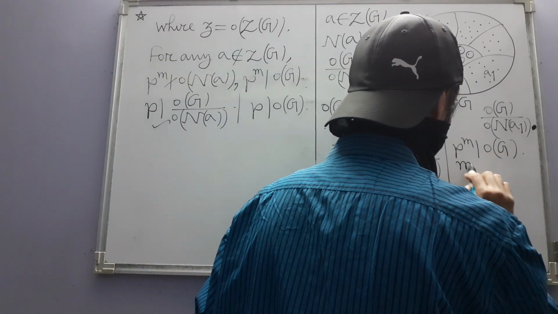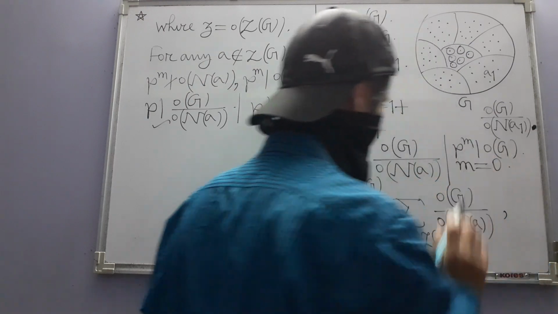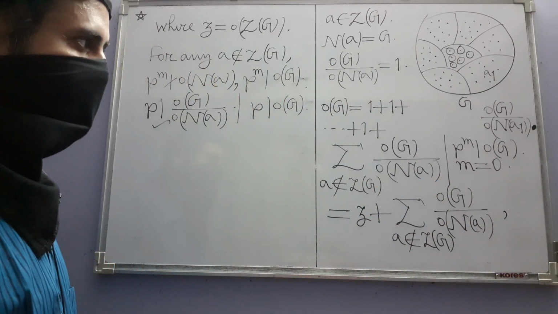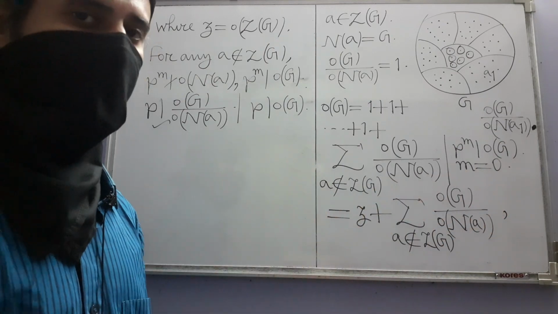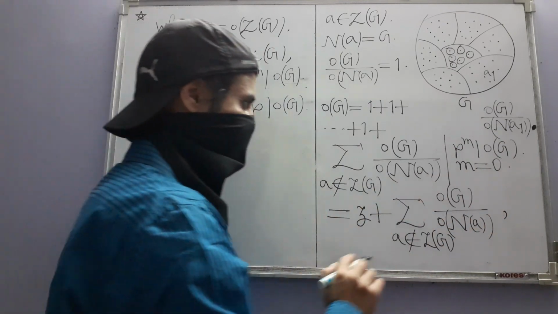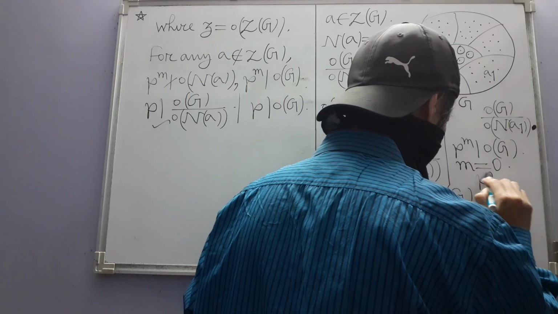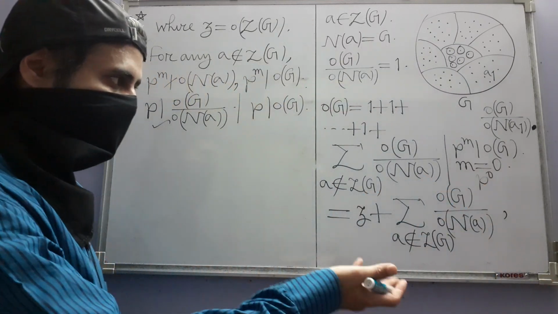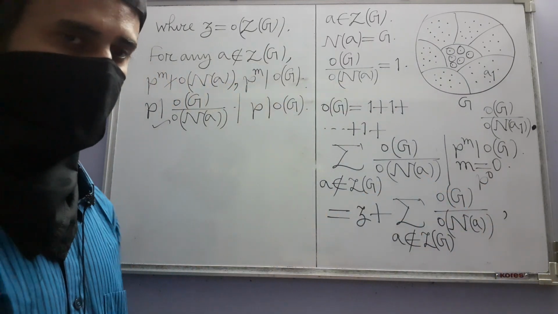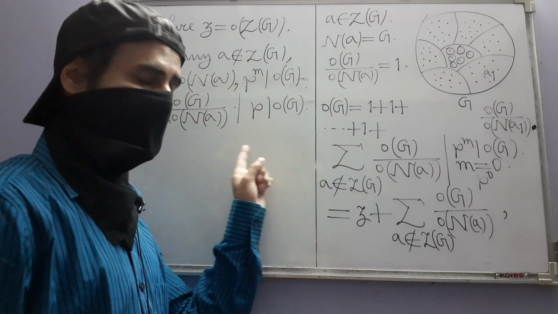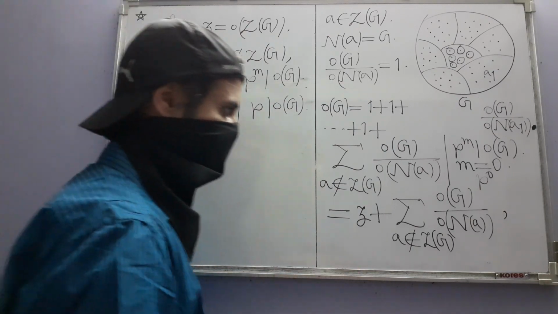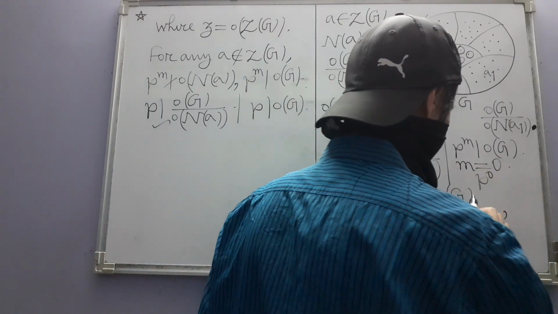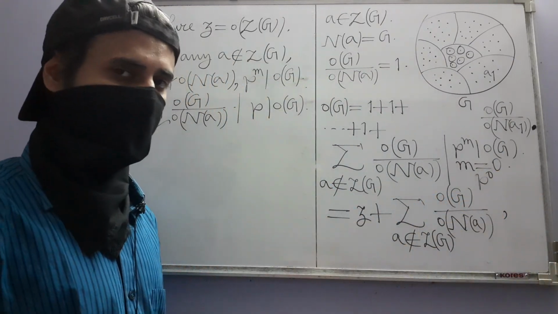But what if m is equal to 0? Then p actually does not divide the order of g at all. However, in that case, p to the power 0 itself becomes the highest power of p dividing the order of g, just like that case where the order of g was 1. Here, however, it's not 1, it's greater than 1, but still every prime need not divide the order of g, right?